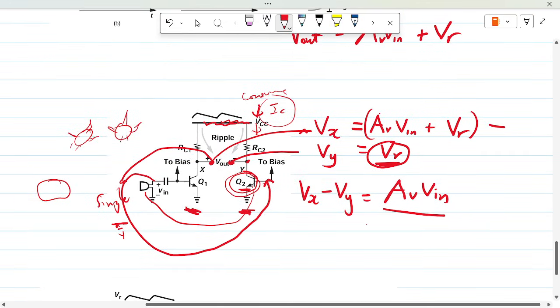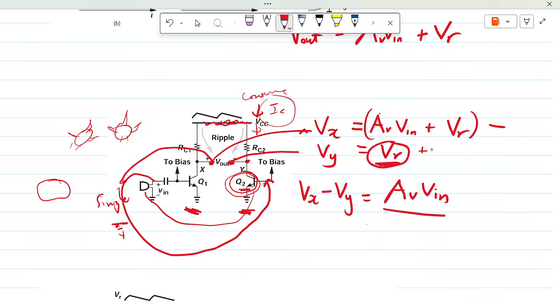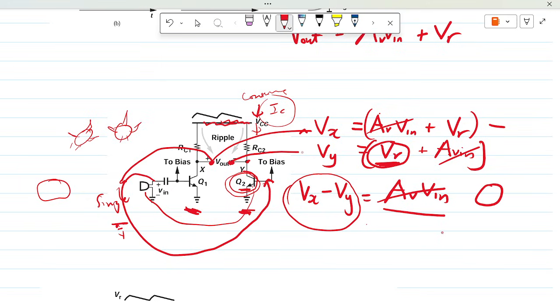But from the initial analysis, it might not seem so easy, because assuming I also had the amplified signal, gain times Vin, as part of the output Vy, then finding the differential output Vx minus Vy is also going to cancel out the signal, and the differential output is going to be 0.